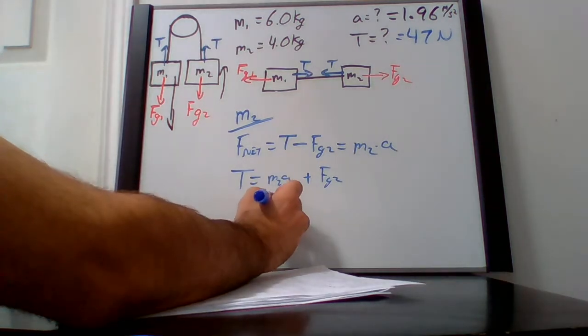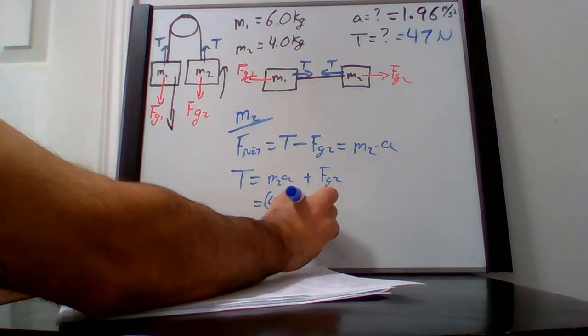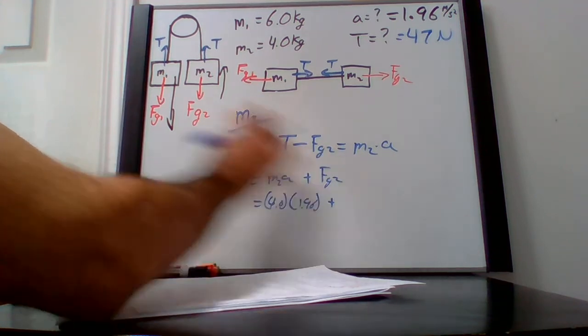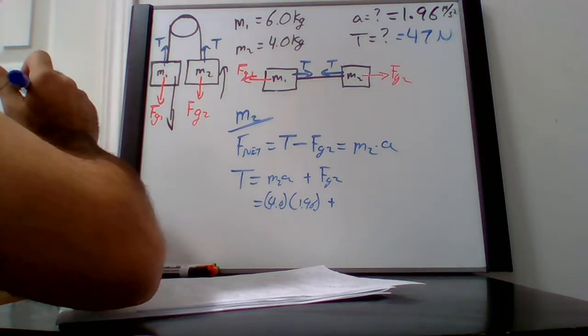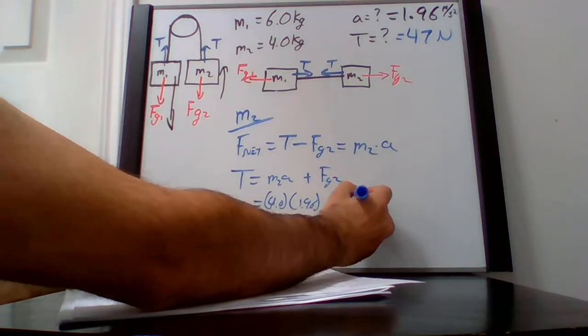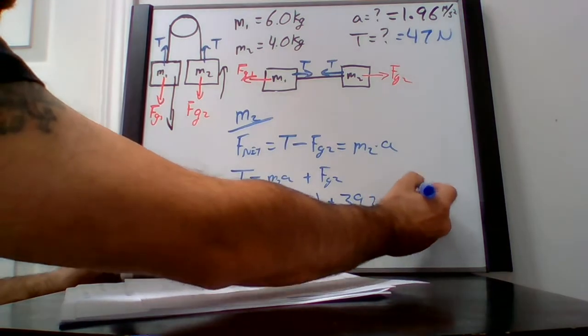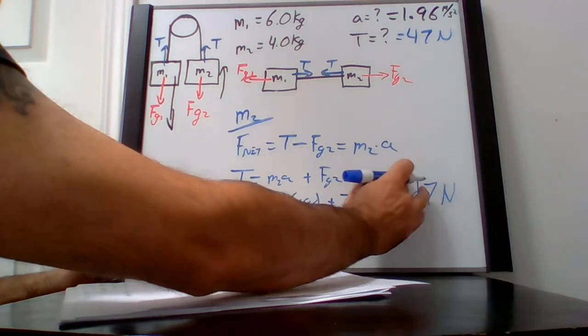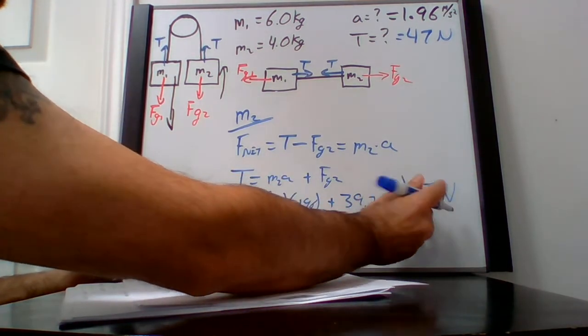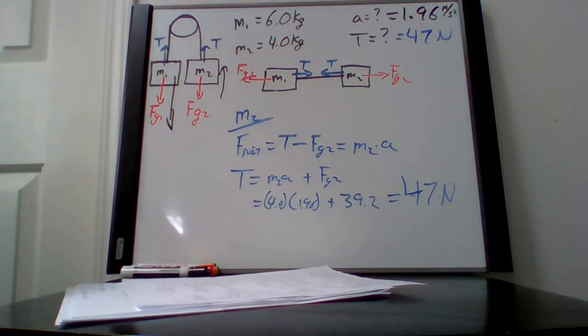And so we get our 4 kilograms times our 1.96 plus our Fg that we had calculated out previously to be 39.2. And this also gives me 47 newtons.